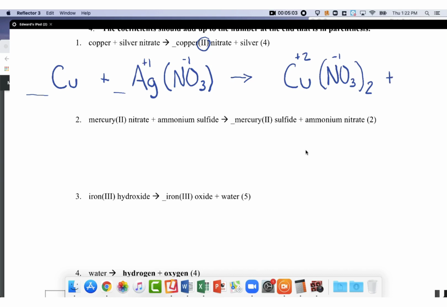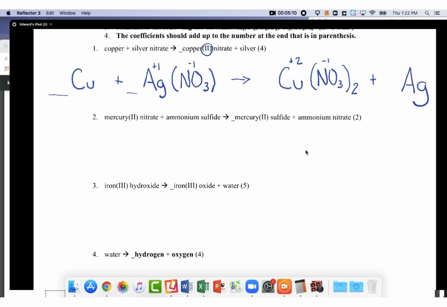Plus, leave some space, silver. You could write the charge above there, but it's not with anything, so it doesn't really matter, right? All right, and we left these important spaces. To start off, if you want to write those lines in there so you have a space, that's fine. Now let's look and see what I got here.